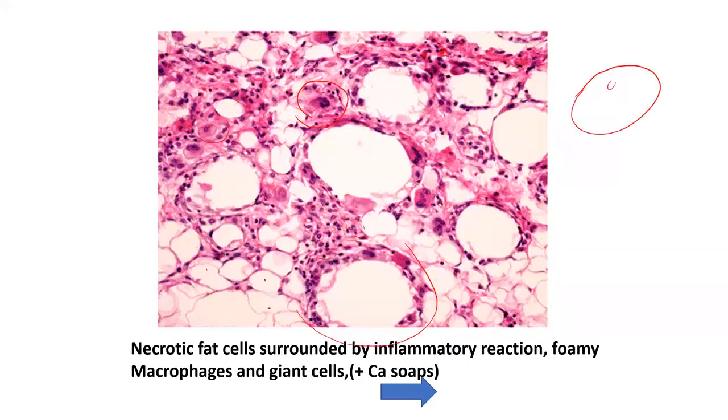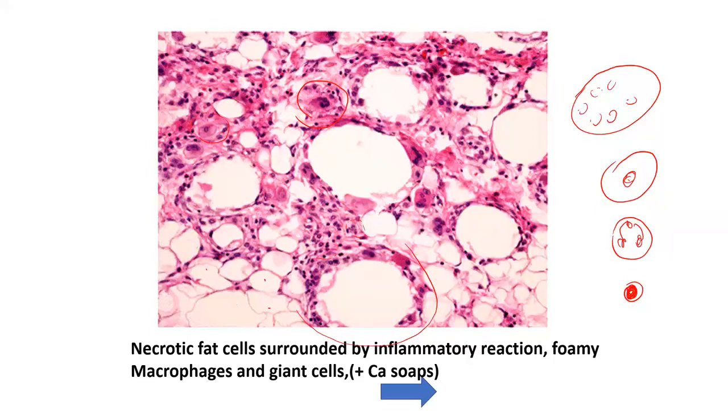A giant cell has multiple nuclei. So this is a giant cell. We have a histiocyte and we have a neutrophil like that, and we have lymphocytes. These are the inflammatory cells that are seen infiltrating the area of fat necrosis.